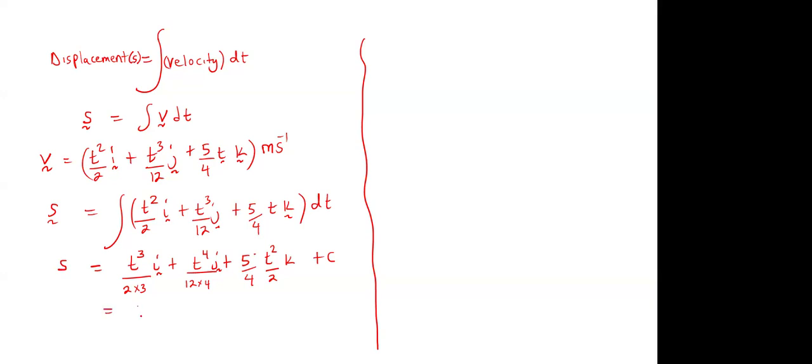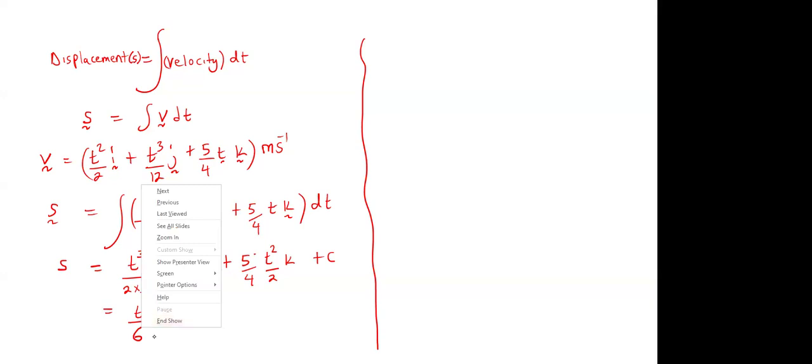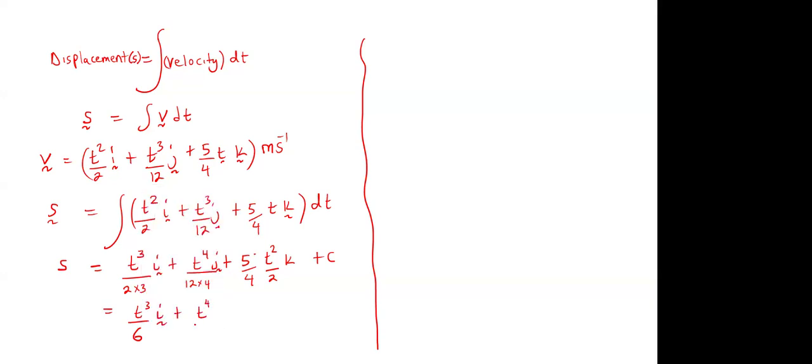So when we multiply, we shall have t cubed out of 6 i plus t power 4 out of 48, and this is in the j direction, then plus 5 out of 8 t squared k plus c, and this is the displacement.